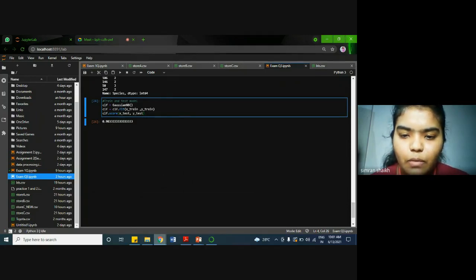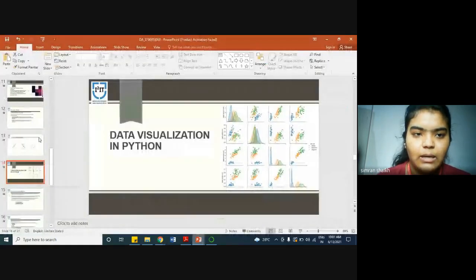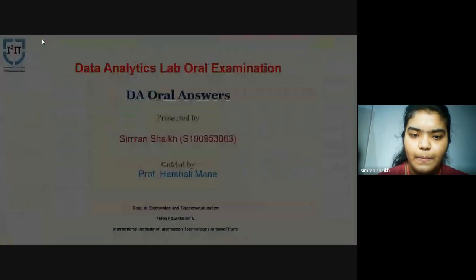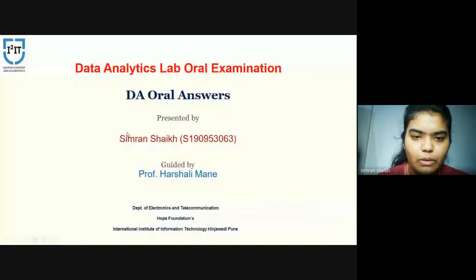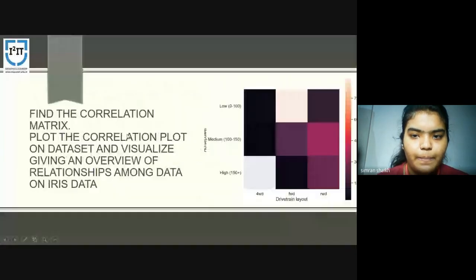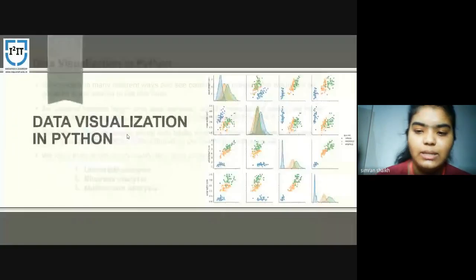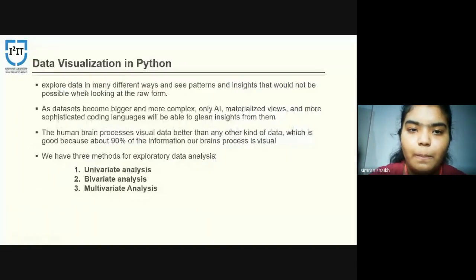All right, moving on to our next question, that is data visualization in Python. So we are going to see what data visualization is. It explores many different ways to see patterns and insights.